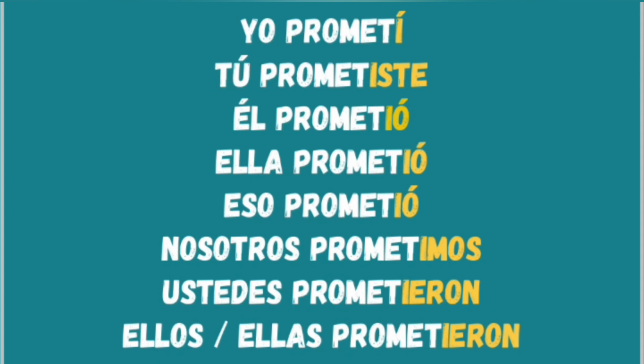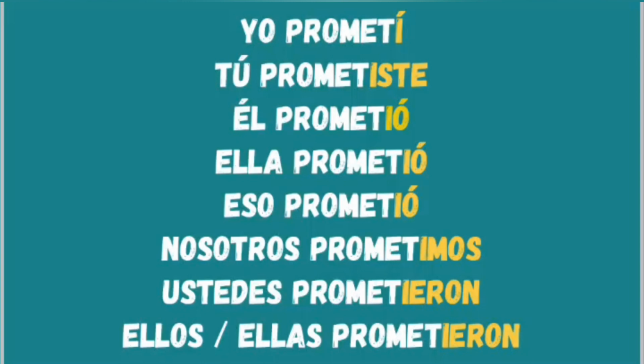And now let's go with we promised. If you want to say we promised, then you have to say nosotros prometimos. And now if you want to say you promised in the plural form, then you have to say in Spanish, ustedes prometieron.